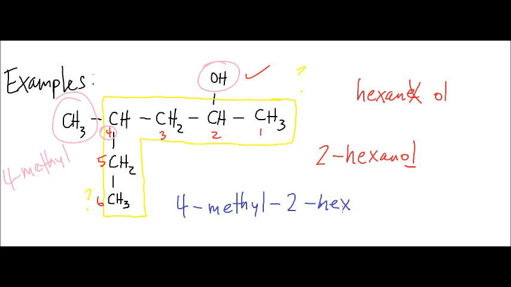The name of this compound is 4-methyl-2-hexanol. The OL means that there is a hydroxyl group, an OH, on the number 2 carbon. The main chain is a hexane, being the longest chain, and we have a branch that is 1 carbon in length on the number 4 carbon of our main chain.